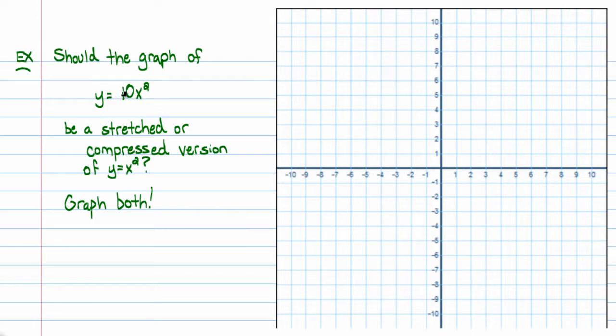Well, let's go ahead. First of all, you know by the last theorem that I just wrote down that this should be stretched. I'm going to highlight the word stretched there. And let's just show that that's true by plotting some points. I'm first going to plot the points for y equals just regular old x squared.